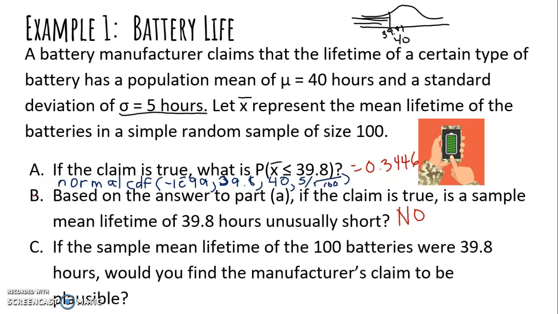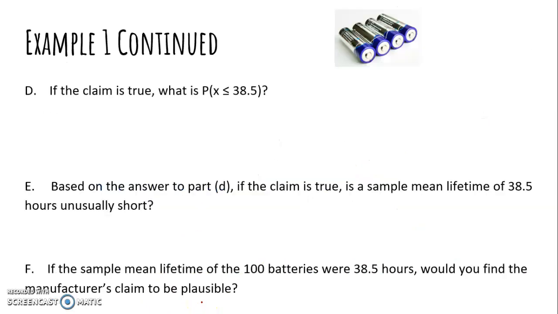So the claim is that it's 40, and I found the mean lifetime is 39.8. If it was 40, the probability that it could be 39.8 or less is basically 34.46%, it's a pretty decent chance there. So it is plausible that when it's 40, you could get an average of 39.8 in your sample. So yes, it is definitely plausible.